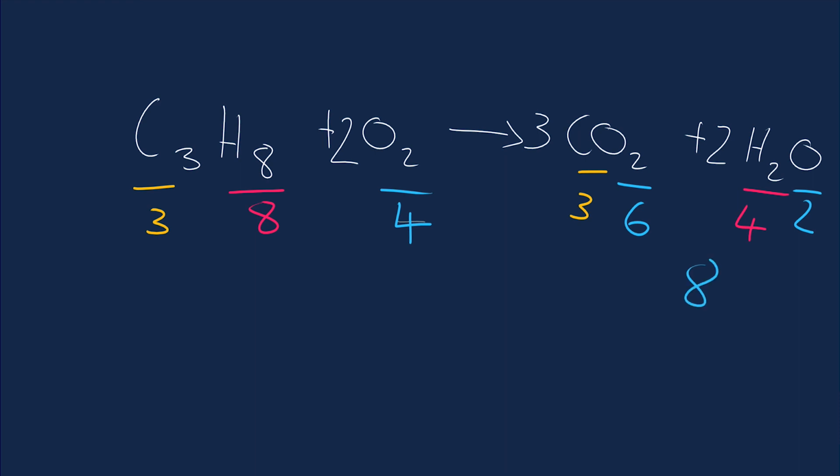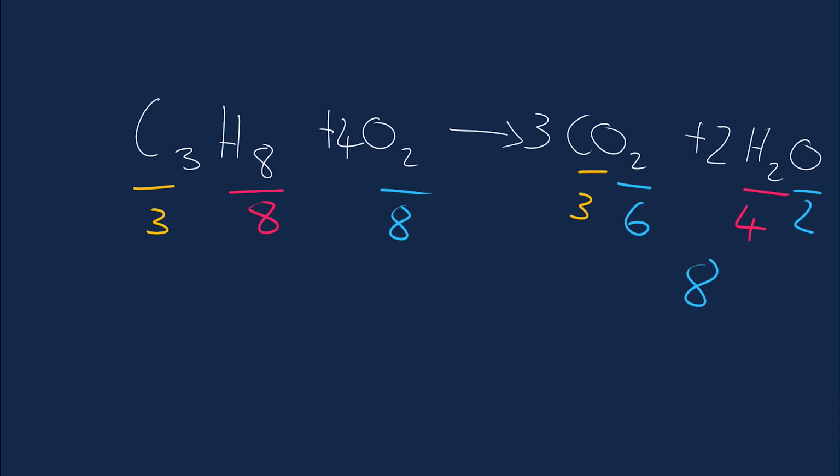So if you were balancing for oxygen first, then going back, how do we get 8 in total? Well, you can have 4 lots of 2, can't you? So we have 4 O2, and now we have 8. Okay, so now the carbon and the oxygen are balanced.